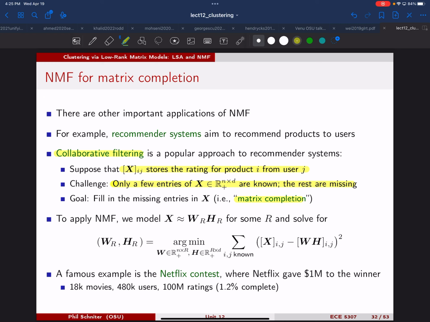The main intuition, or the main structure people use for matrix completion, is they say this should be a low rank matrix, meaning there's only a few kinds of users out there. There are many people, but we can categorize them into a few categories. And although there are many, many products, we can categorize products also into a few categories.